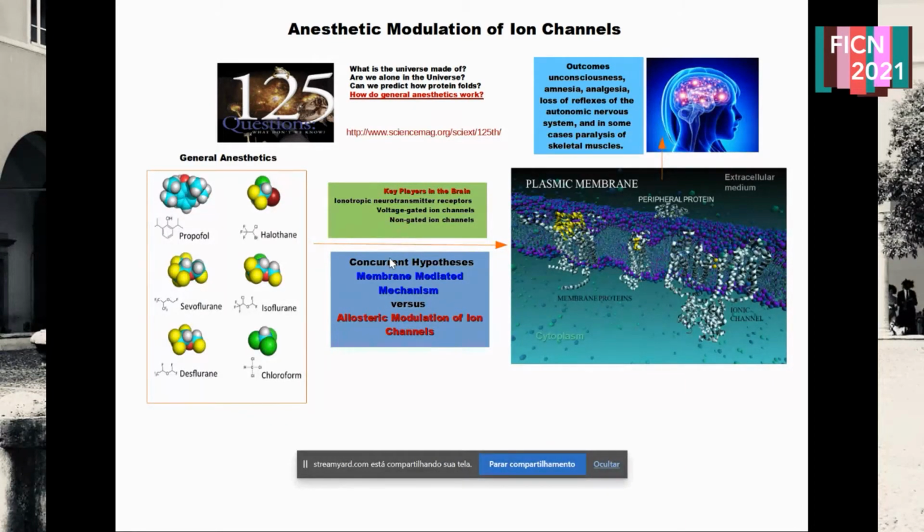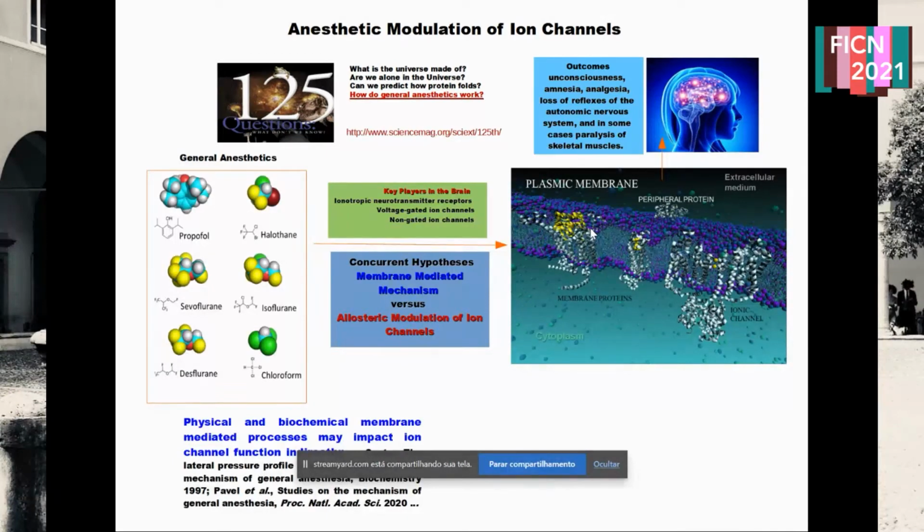So somehow, general anesthetics are expected to impact ion channel function, to change their conductance state, and therefore the overall excitability in the brain. An important set of experimental and theoretical findings supports that the anesthetic action is mediated by the membrane by means of physical or biochemical processes.